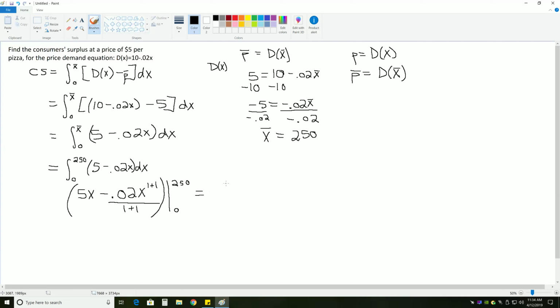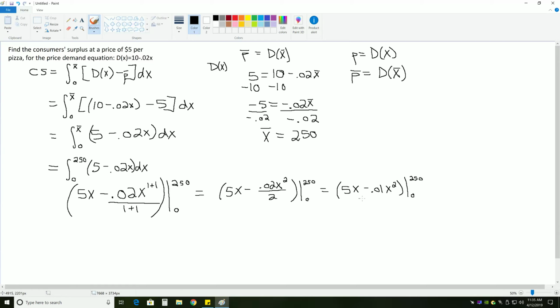So we have 5x minus 0.02x squared over 2, and then we can simplify this a bit more to 5x minus 0.01x squared, integrating from 0 to 250.